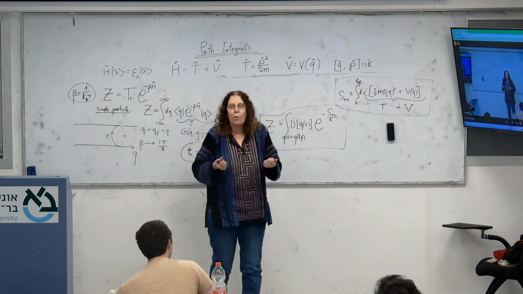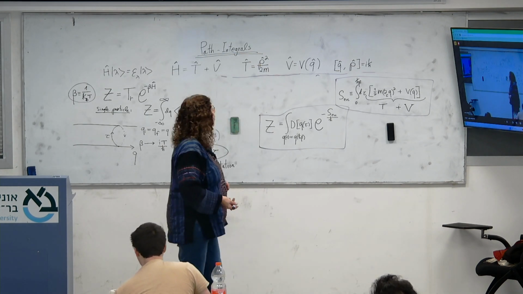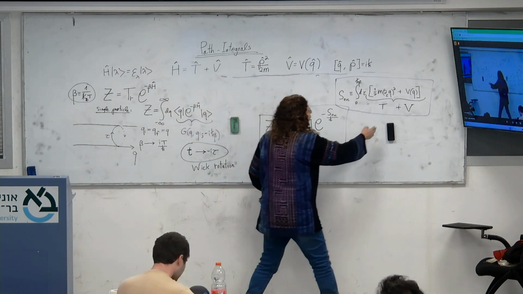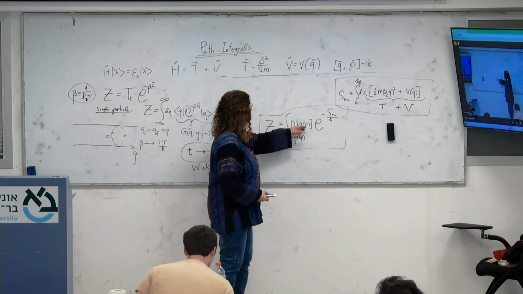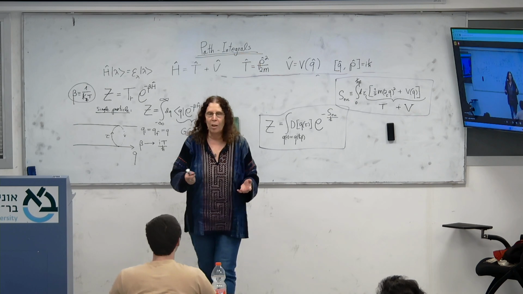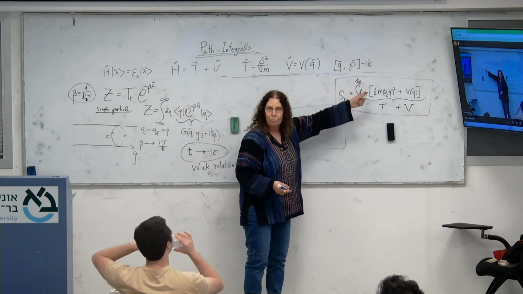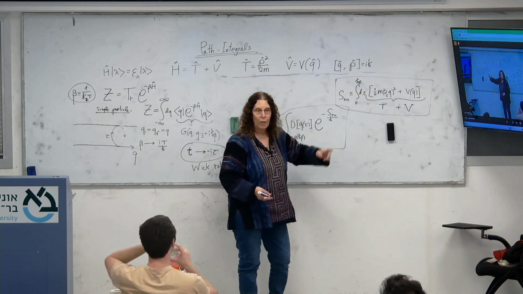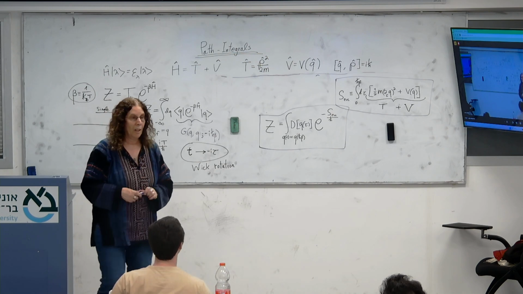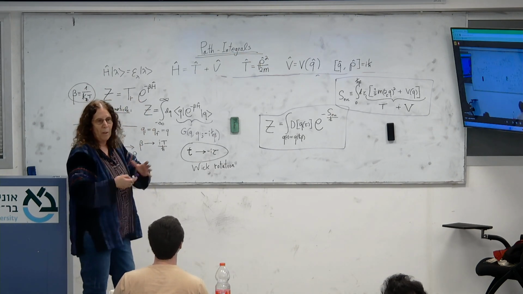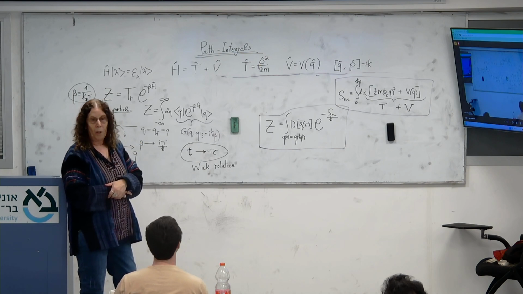Something that depends on the parameters of the particle, the mass, and the parameters of the potential, whatever they are. But this imaginary time is just an integration variable. In the end, the result will depend on the parameter beta, which is temperature. And for a single particle, that's all you have. For thermodynamics, you have the parameters of the particle and temperature.